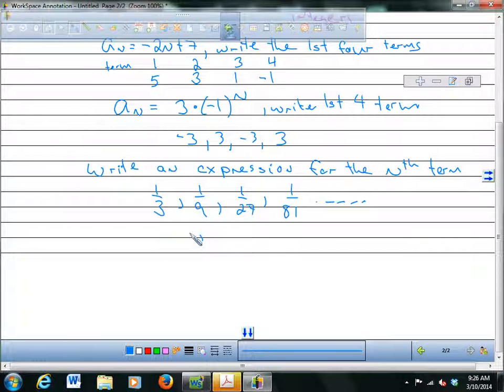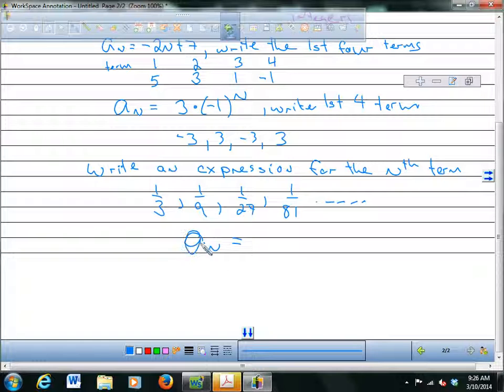What's a sub n equal to? What do you think? A sub n minus 1 times 1/3. That would be recursive. We haven't really talked about recursive yet. So as an explicit formula, that's not a 9, that's an 8.